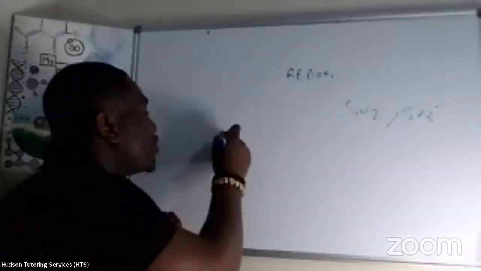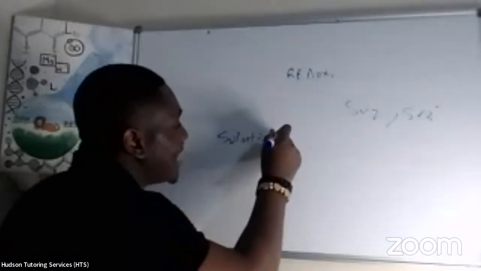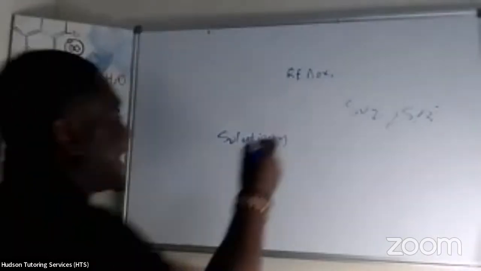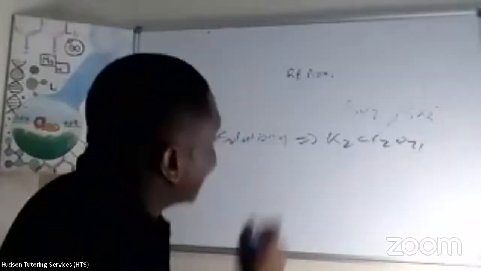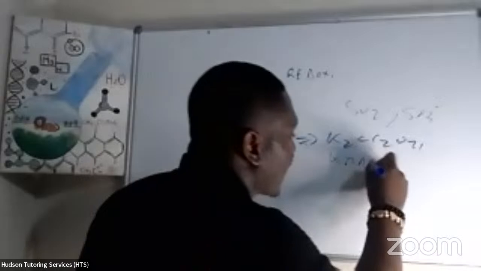So we are going to assume and name any reducing agent, whether it may be potassium dichromate, K2Cr2O7, or potassium permanganate, KMnO4. It could be any one of these, any known reducing agent. Following?